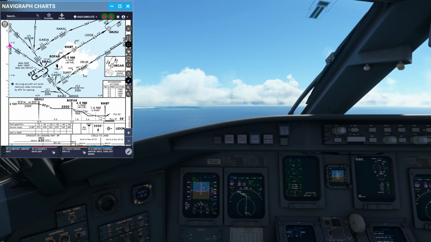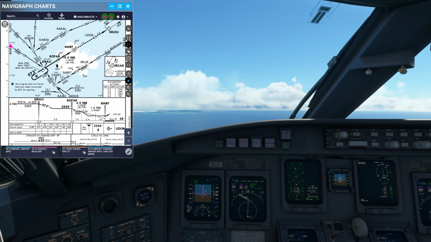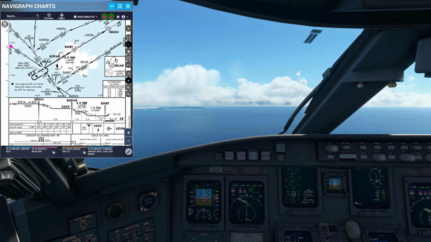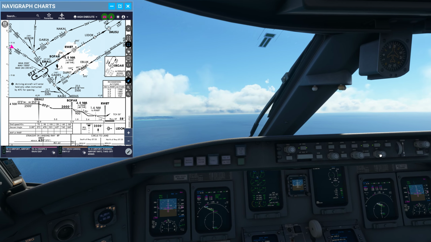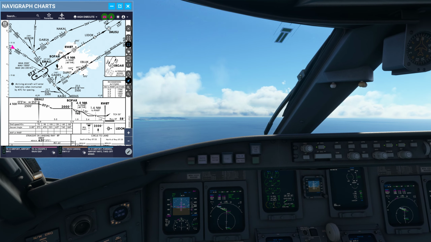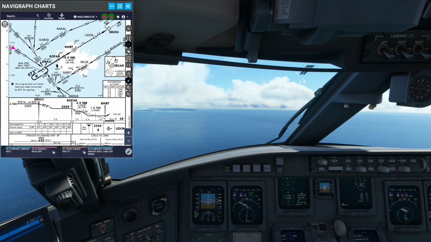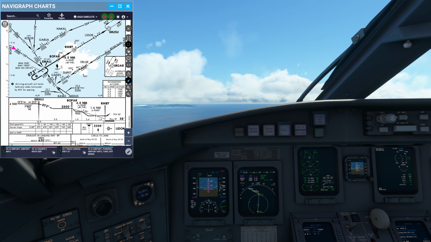Start coming in with some power now. First degree of flaps. Now when that hits 2500, the altitude select, alright, now I'm going to put it down to 2000 because that's our next altitude. We're right now inbound to Amali. Alright, let me get myself a little bit better organized here. Okay.